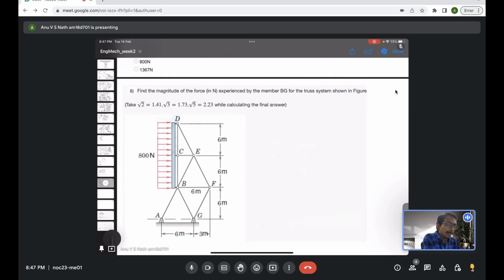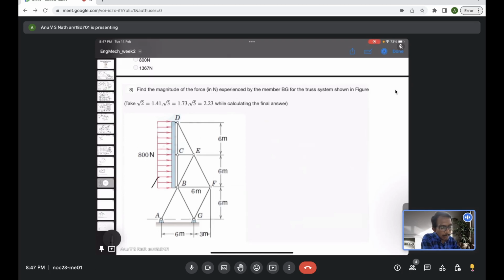But 800 Newton is the total force. It's a uniformly distributed load. This kind of loading is known as a uniformly distributed load. It should pass through the center of mass of the loading, the center of the loading, which is exactly C. So you can think this is basically happening like this. The 800 Newton is actually acting at point C. At point D and point B, there are no forces acting. Then you can fill in the remaining. It will be something like this.